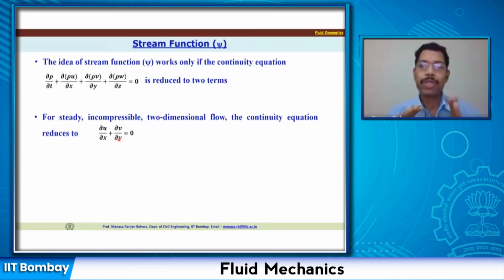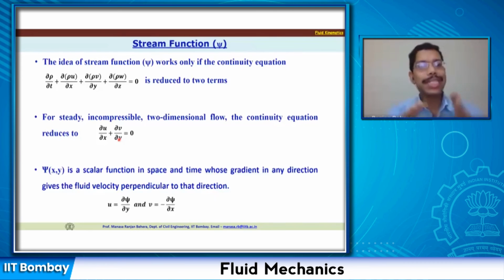All right. So now let us define what this psi function, or stream function, is. The stream function is a scalar function in space and time, and space means 2D, x and y, whose gradient in any direction gives the fluid velocity perpendicular to that direction.